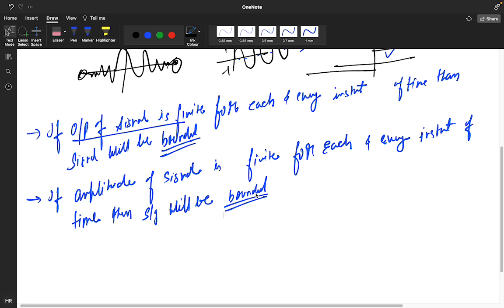So what will be the criteria for unbounded? Guys, tell me. This is very easy.